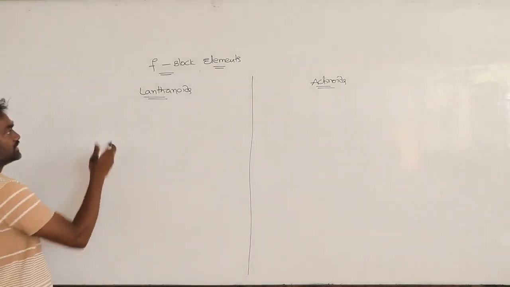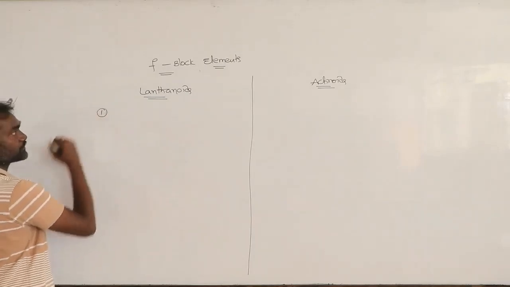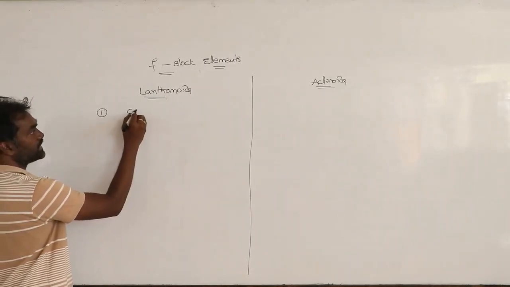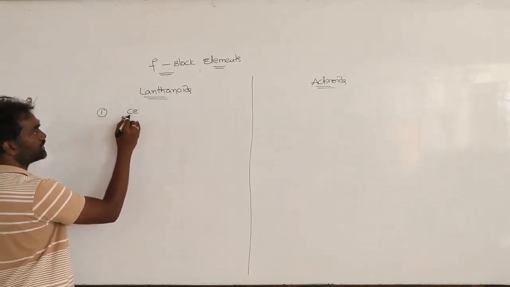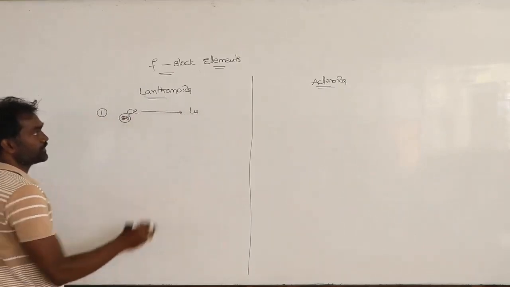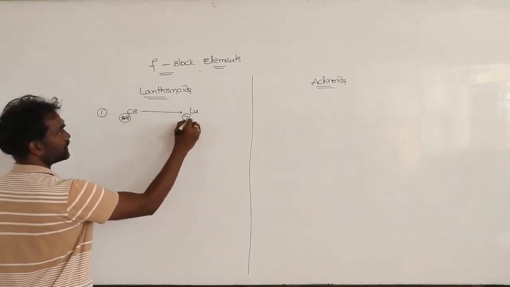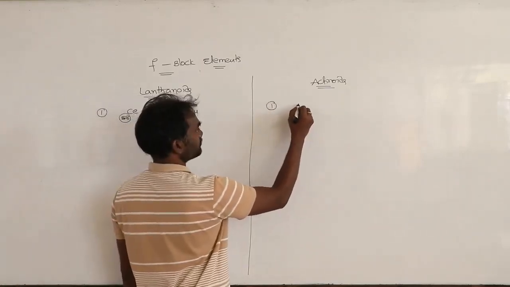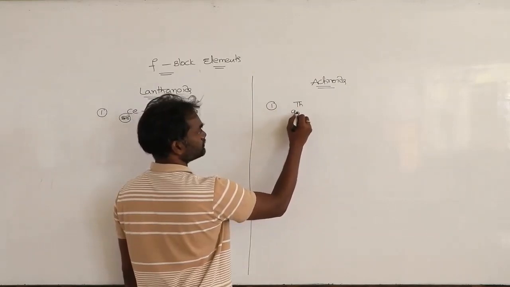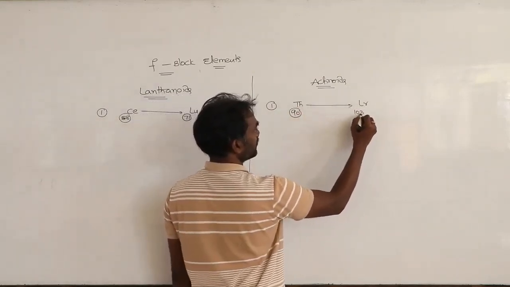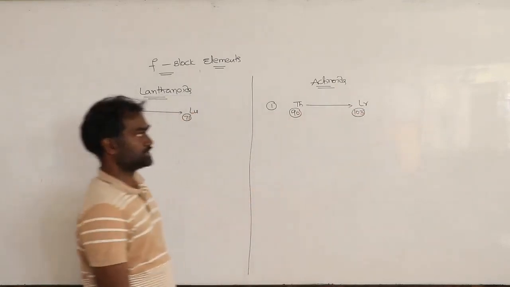From where to where are the lanthanides? From cerium 58 to lutetium 71. Next, which are the actinides? Thorium 90 to lawrencium 103. You call it actinides.